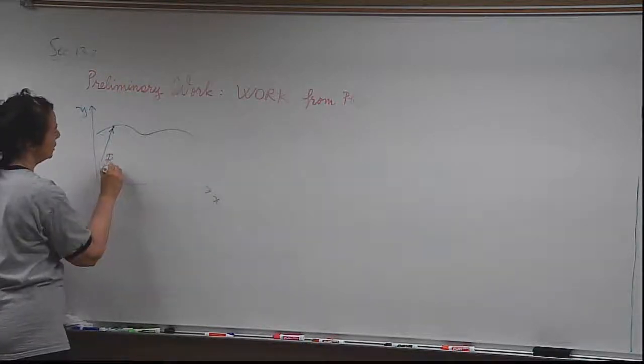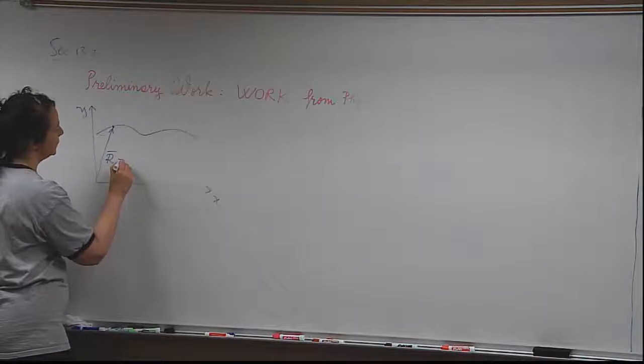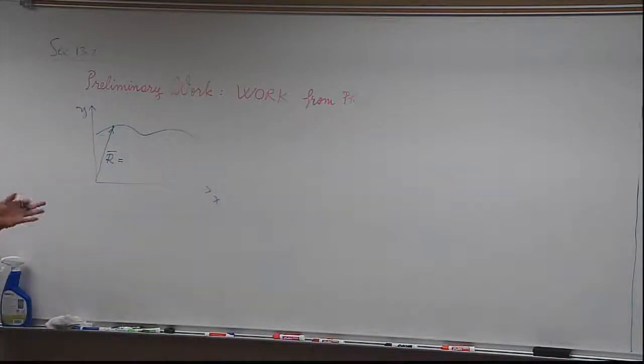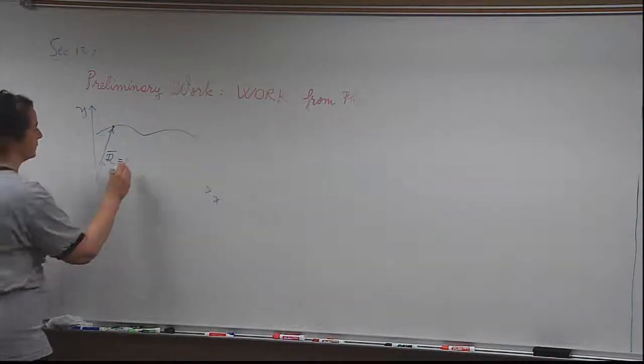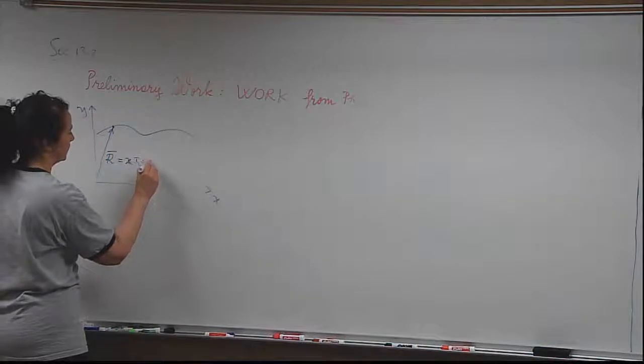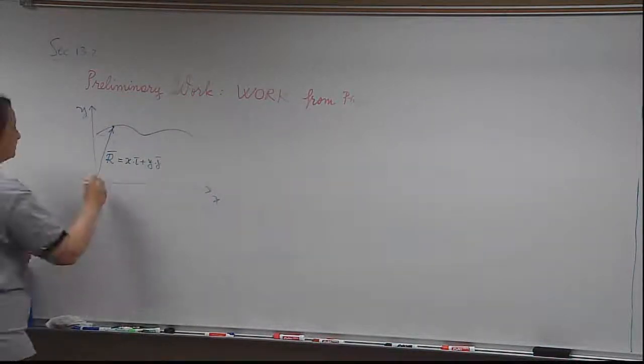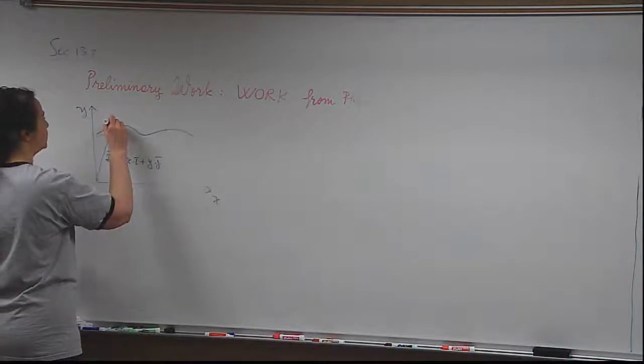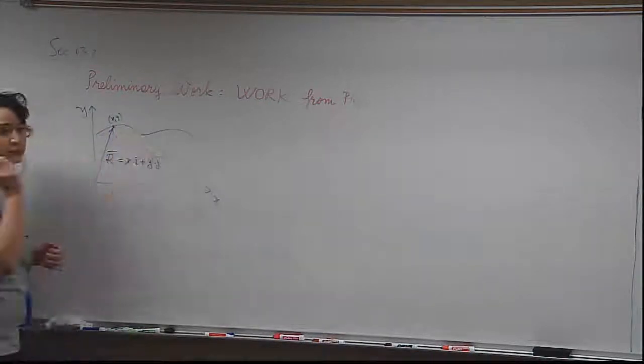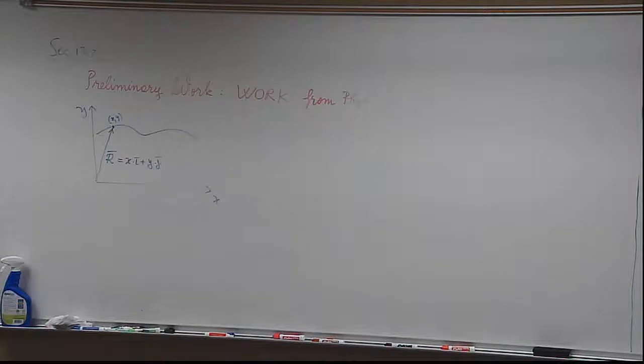And this is r, and that is xi plus yj. Good. And this is the point xy, and that's the current position of my particle. Where now? Not in the past, not in the future. My particle is moving, and this is now.